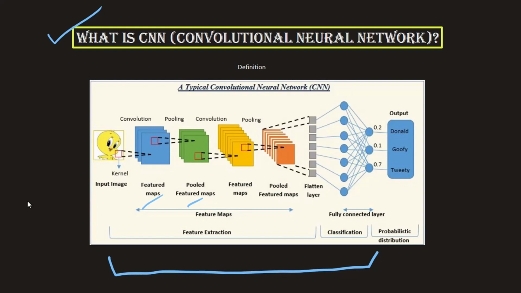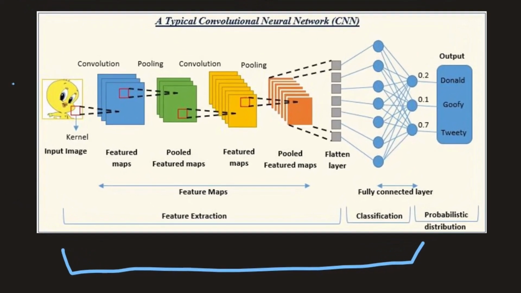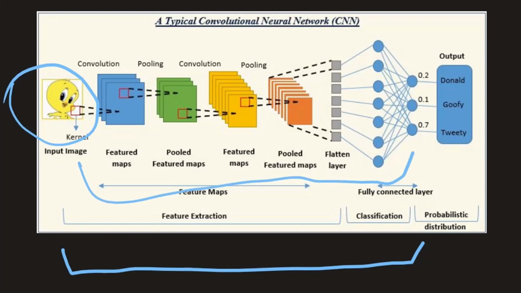But let's try to understand from a really high-level perspective what is actually happening with the help of a CNN model. Basically you will have an image like we have over here of the Tweety bird. This image will then be passed on to the CNN architecture that we have over here. And this architecture will perform some operations, some tasks that we are going to discuss ahead within this playlist.